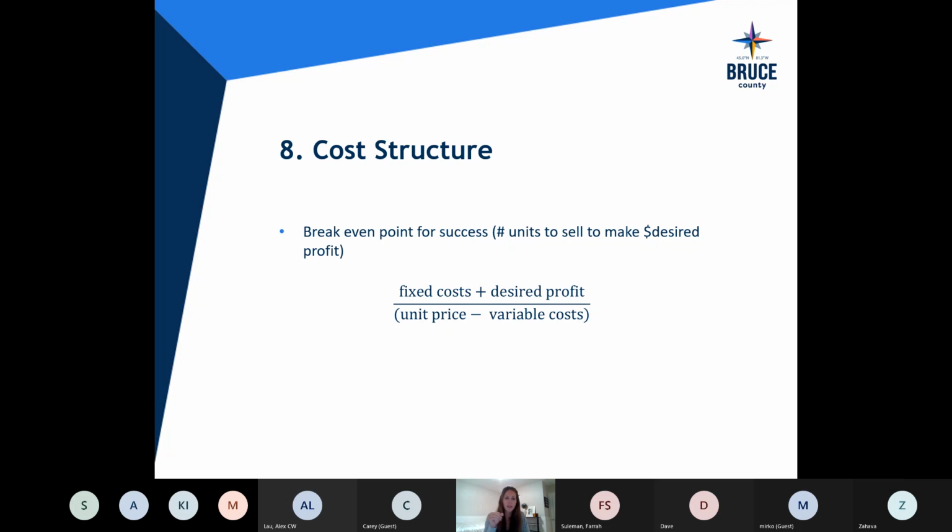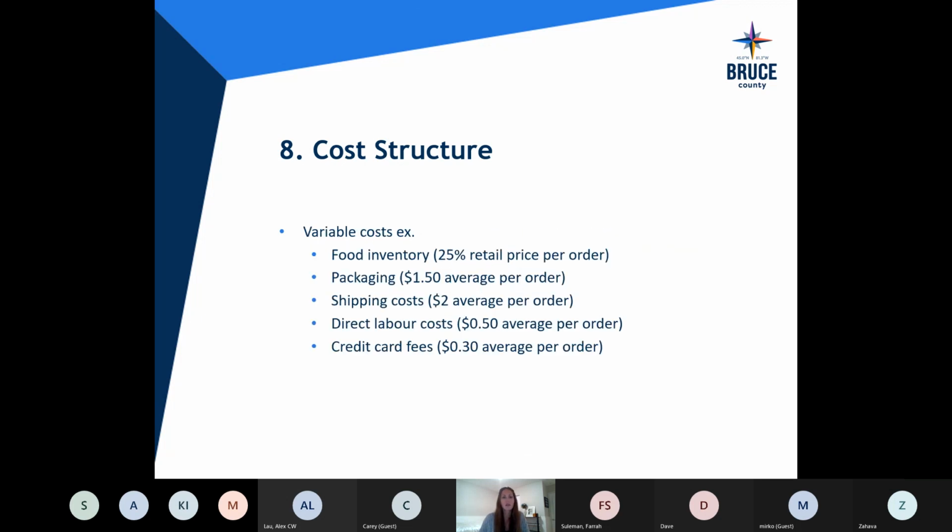So now I'm going to take my fixed costs plus the profit that I want and divide that by the unit price minus variable cost. So now I know the number of units I need to sell if I want to reach my key metric success. Again, very important to be able to identify these, but it's not too hard to do or too cumbersome, right? It gives you that quick snapshot.